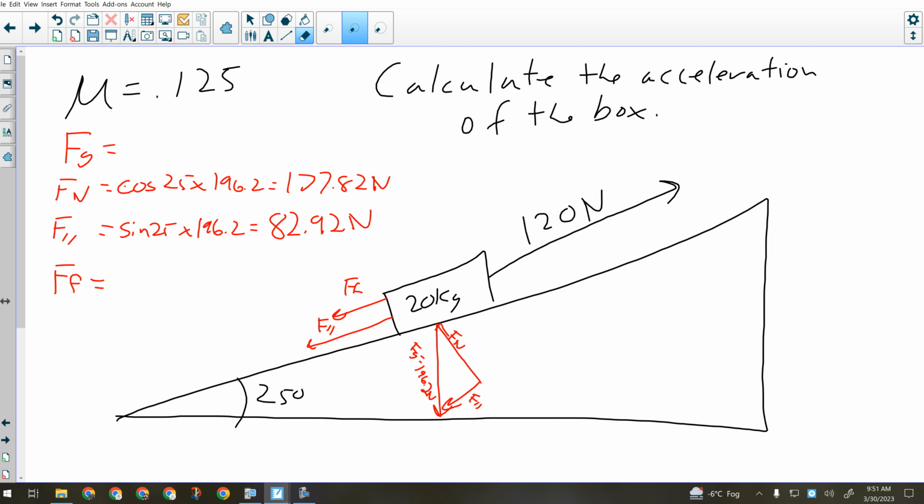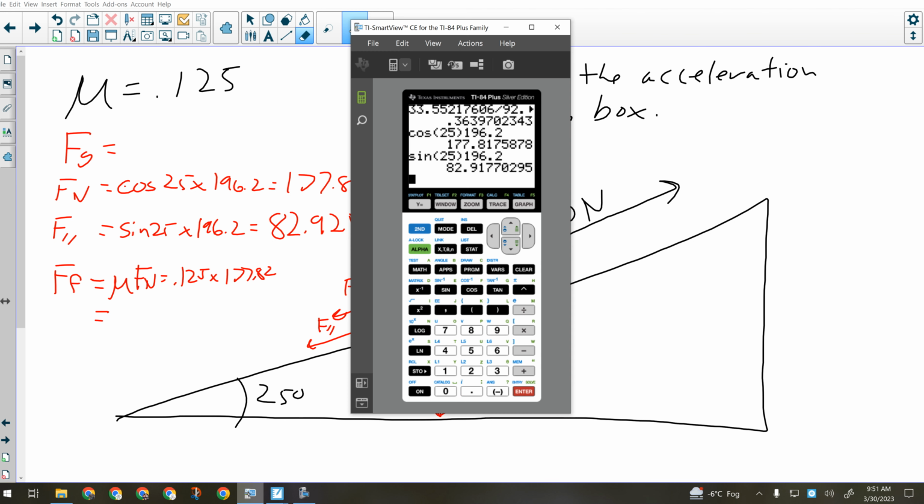Force of friction is going to be mu times the normal force. They gave me mu, so that's going to be 0.125 times 177.82. Whoop, times, not divided.